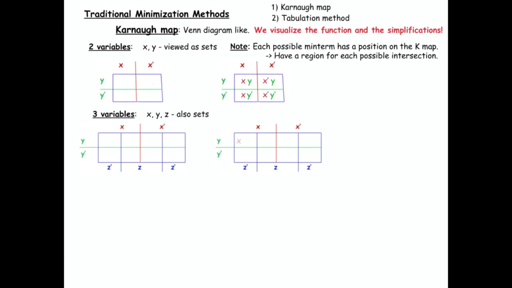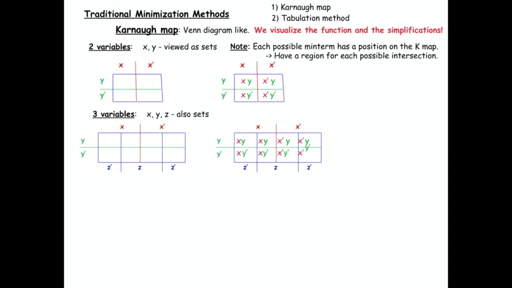So if we do imagine that, then we have all of our possible minterms, right? This is the x area, this is the complement of x area, right? So nice and tight to each other. Then we have the y area, again, all together, and then the complement of y area all together.